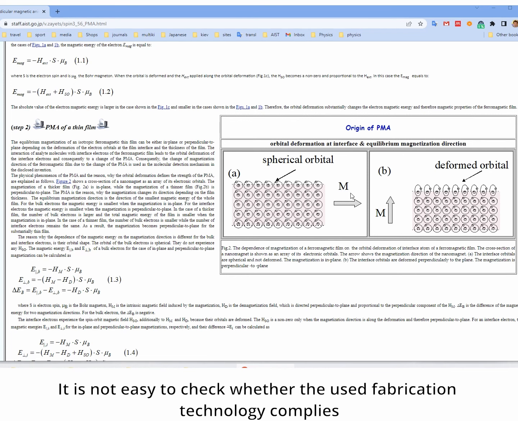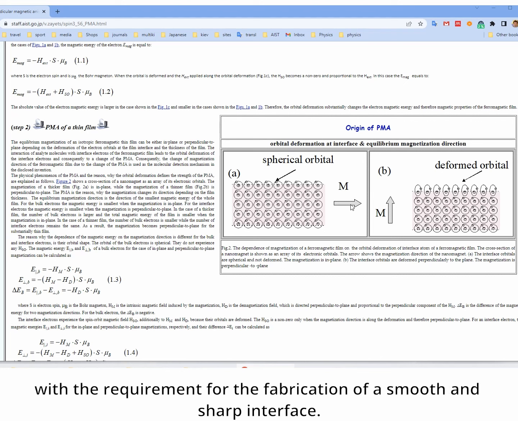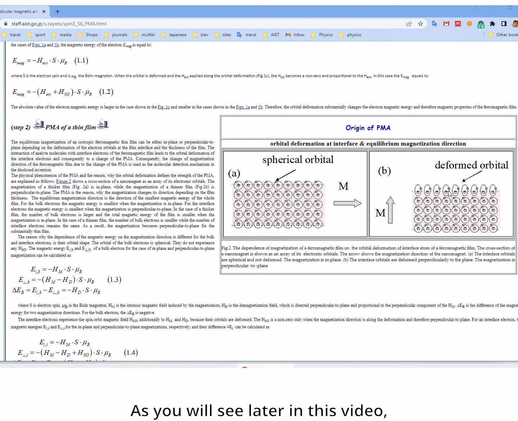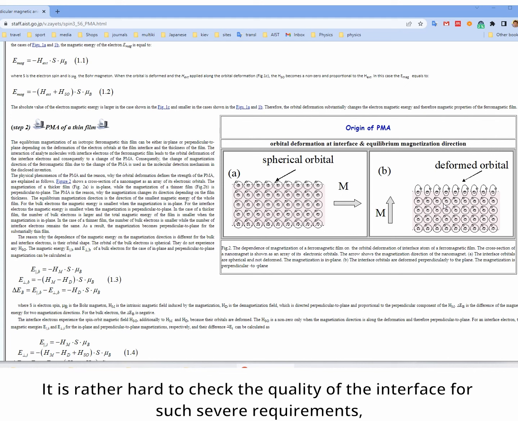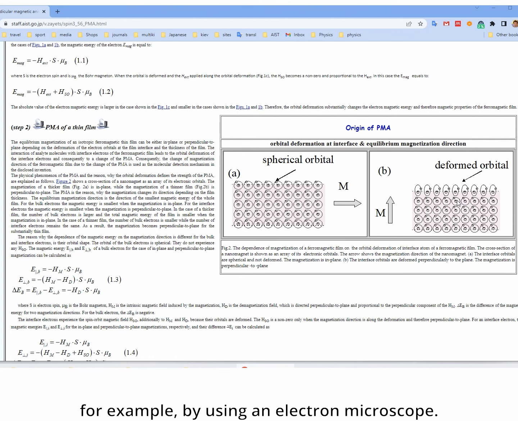It is not easy to check whether the used fabrication technology complies with the requirement for fabrication of a smooth and sharp interface. As you will see later in this video, one atom at the interface may influence magnetic properties of a tiny nanomagnet. It's rather hard to check the quality of the interface for such severe requirements, for example by using an electron microscope.